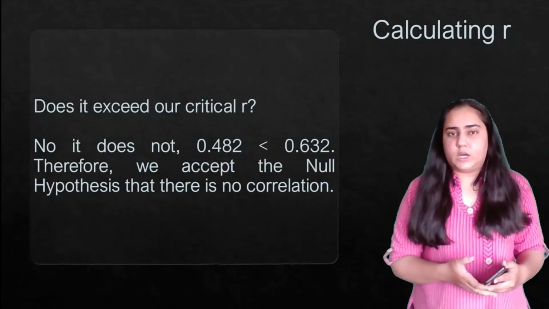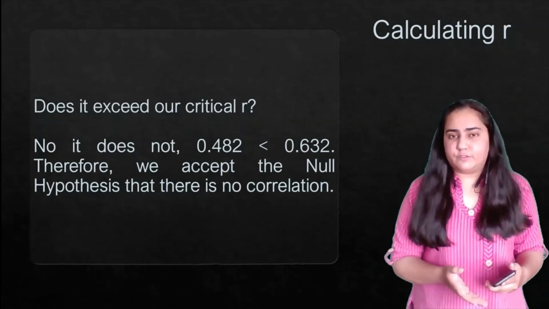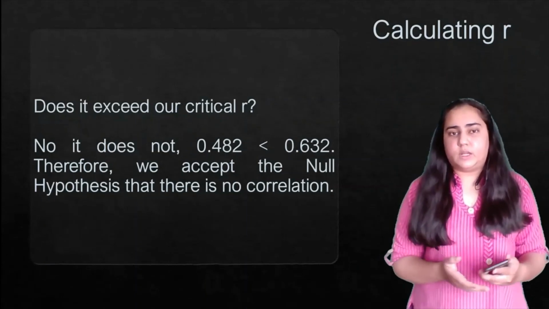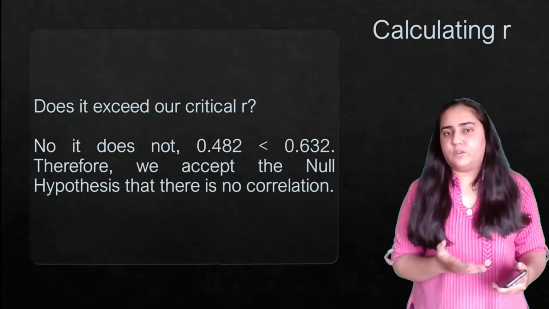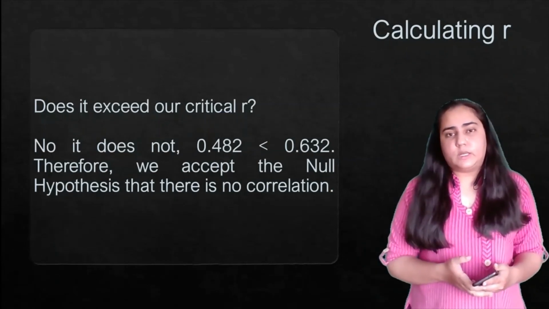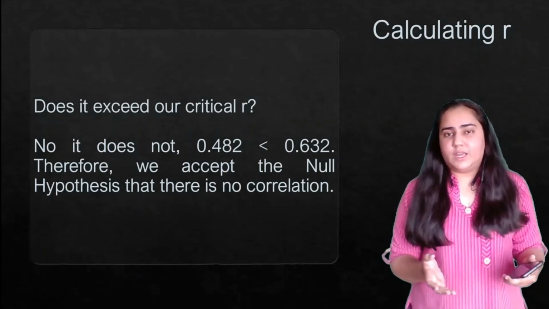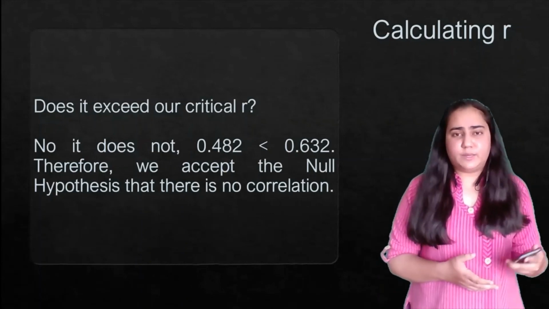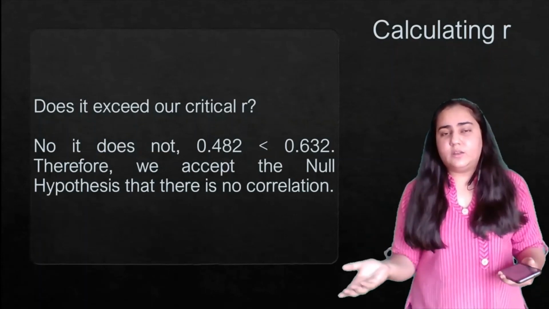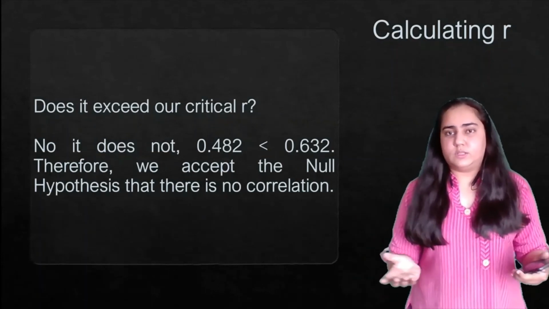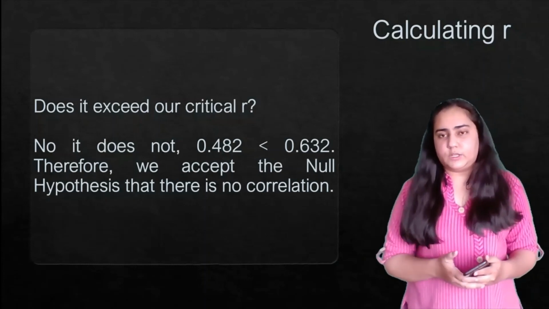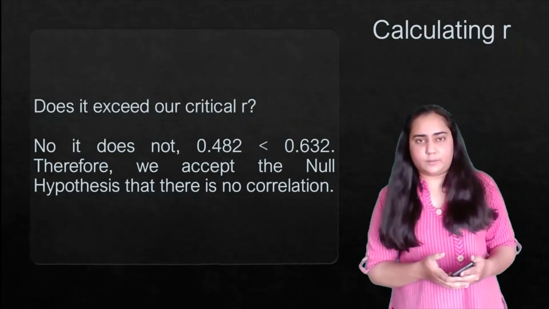Obviously, our Pearson's correlation coefficient is less than the critical R, and therefore we accept the null hypothesis and we say that there is no correlation between age and income, which means age and income are not influencing each other. A person being older doesn't mean he has more income or less income. So this is our conclusion based on the calculation of R and the data that we had.